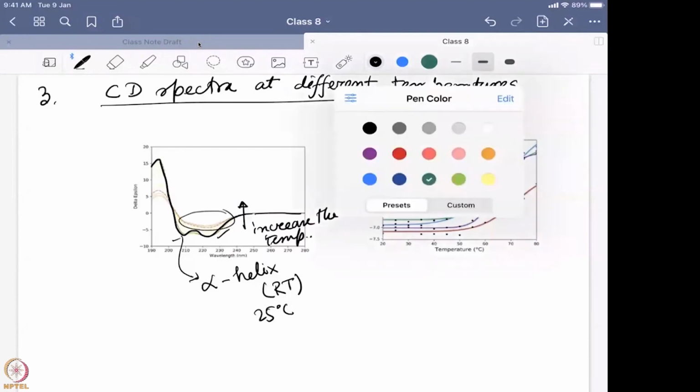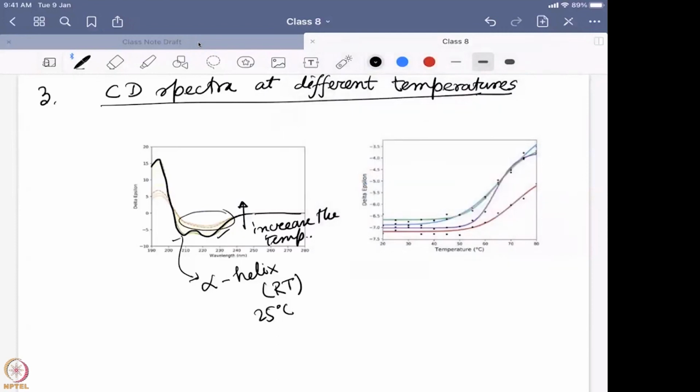What you are seeing at the end, let me draw in a red line, is a mixture of beta sheet and alpha helix. You still have some of the signatures over here and here, which shows that it is not 100% beta sheet, but beta sheet is now the major component of the overall protein structure.